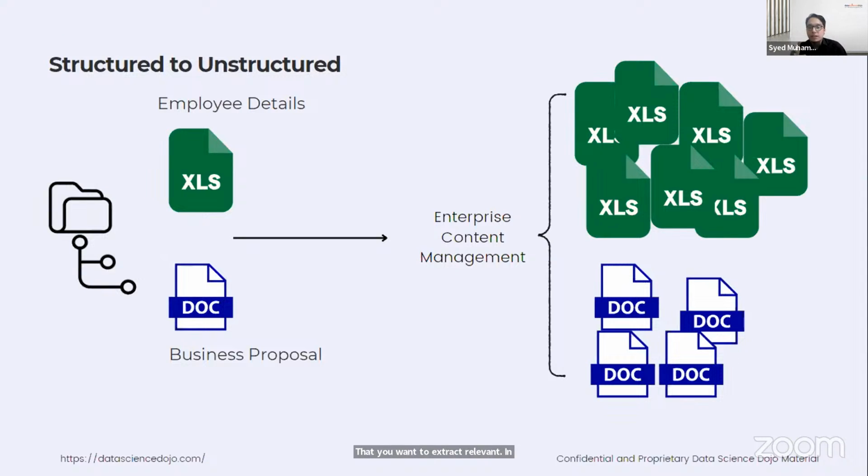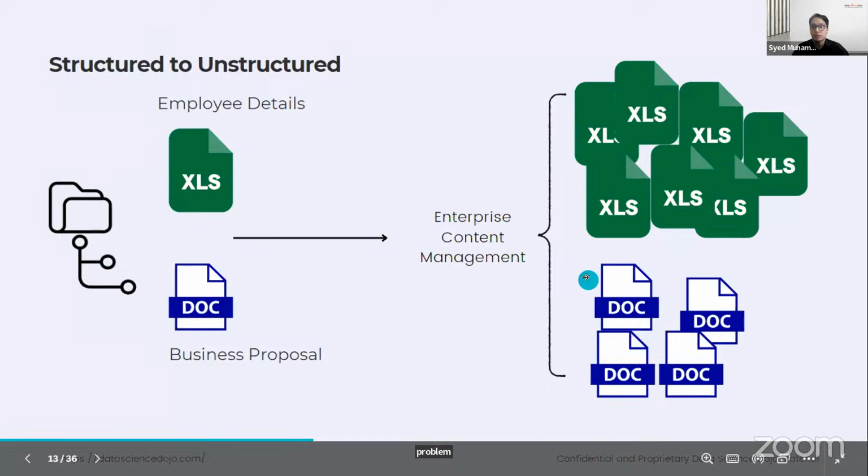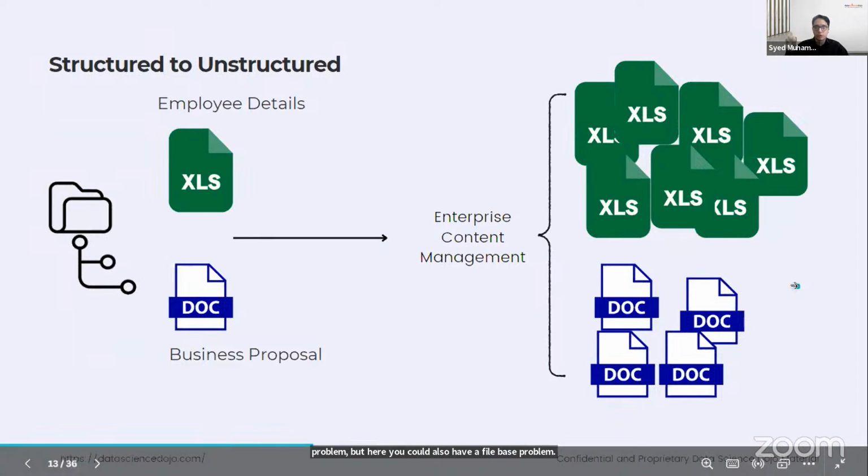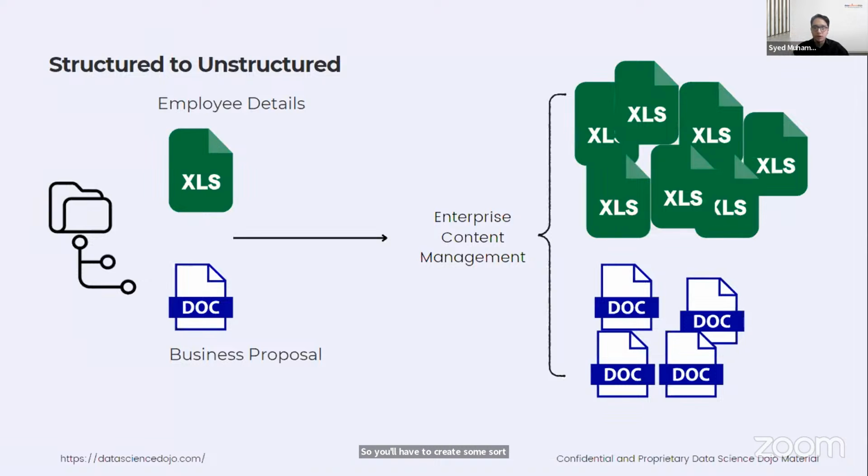In the previous example that we covered, we were talking about extracting text from a list of topics. The document search problem was basically a text-based problem. But here, you could also have a file-based problem. So you'll have to create some sort of solution for files instead of those lists of topics or the table of contents. You will have to create some sort of structure for these files.